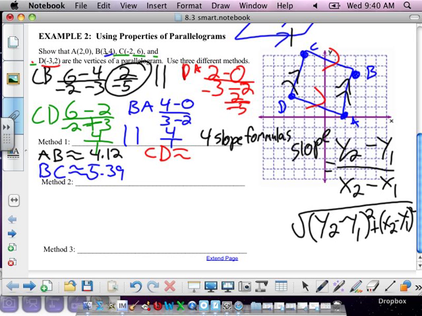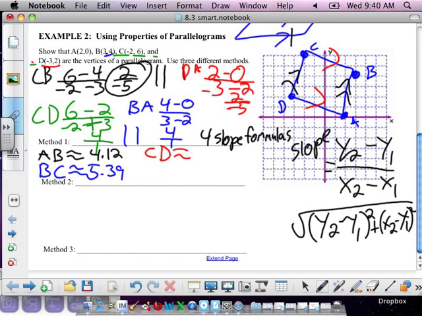The second Y value up there between C and D would be 2 minus, what's the Y value for C? And we square it, plus, what's the X value for D? Minus, what's the X value for C?